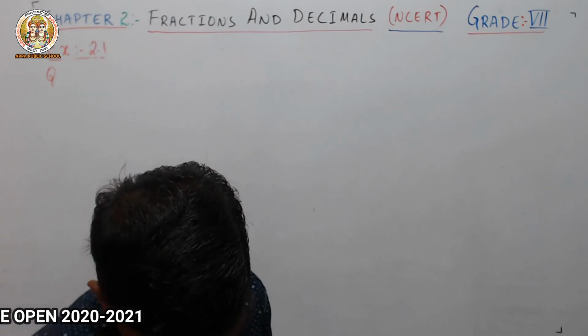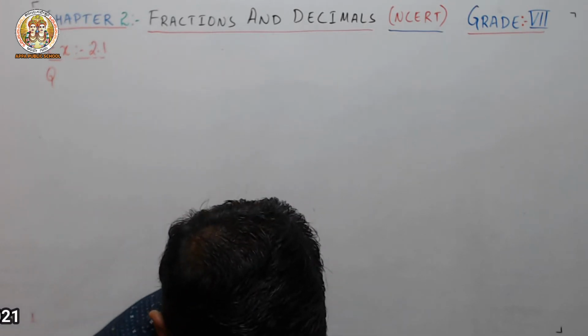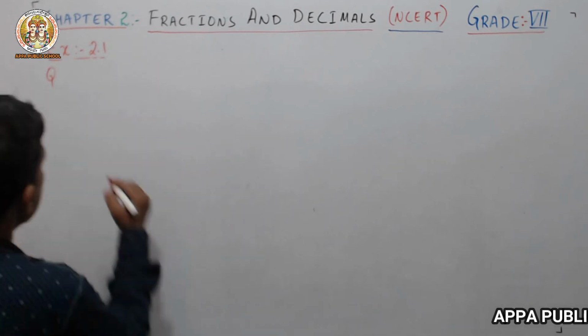Third question. So I'll write the question so that you can understand what the question is in a magic square. Question number 3.